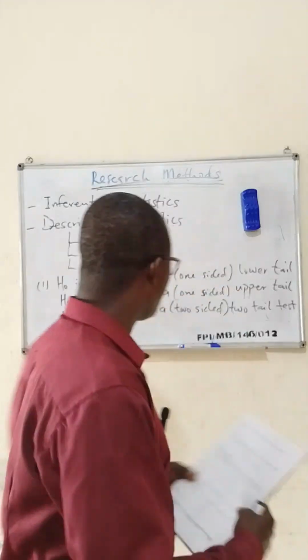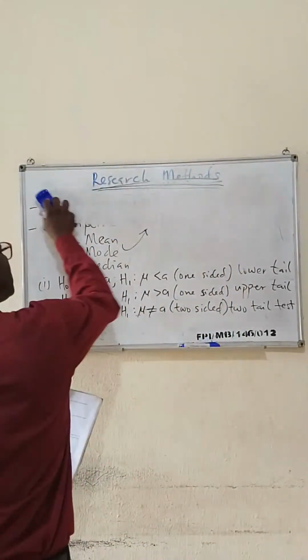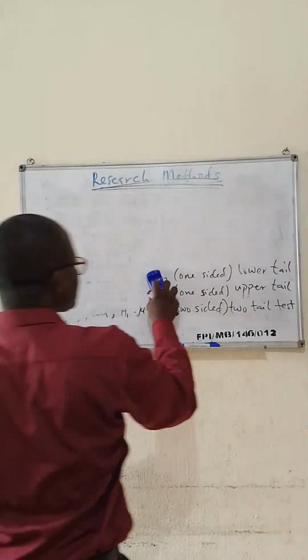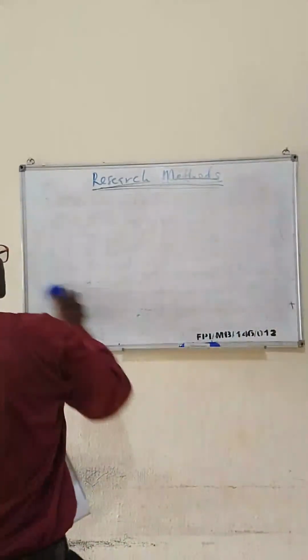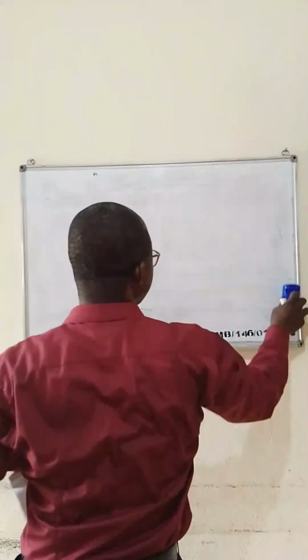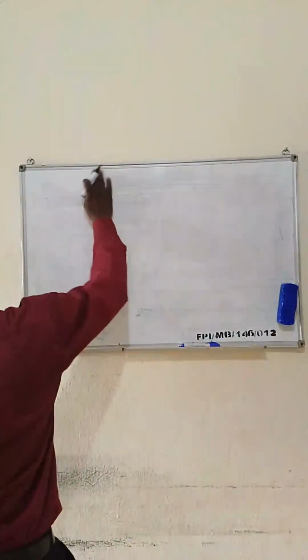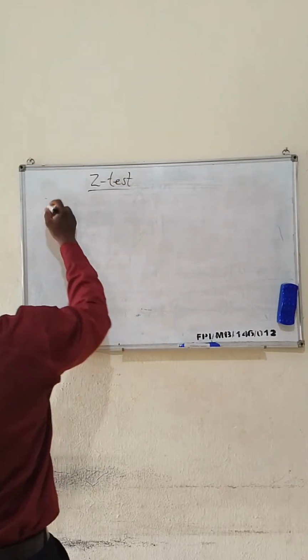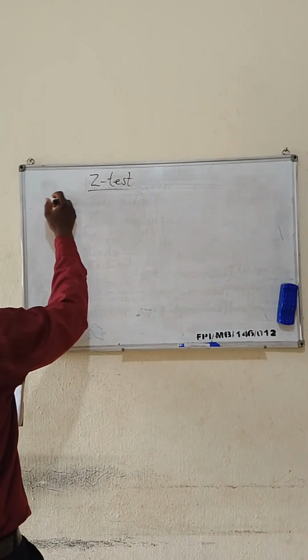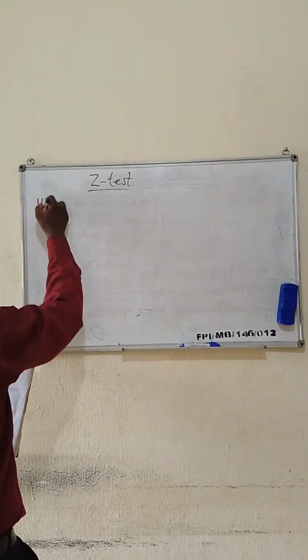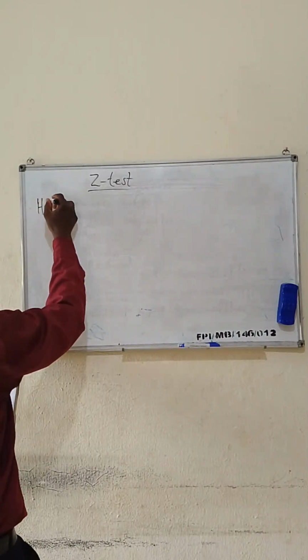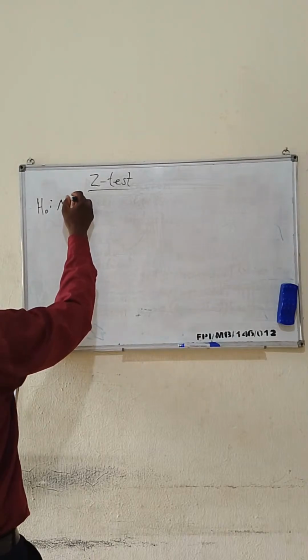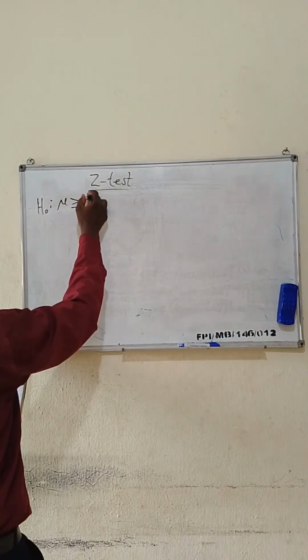Okay, let us look at the way we are going to write the hypothesis now. First one is the Z test that we want to apply. Now, hypothesis. First thing is to state the hypothesis. H0: mu greater than or equal to 15.